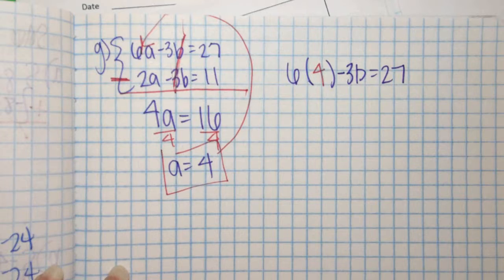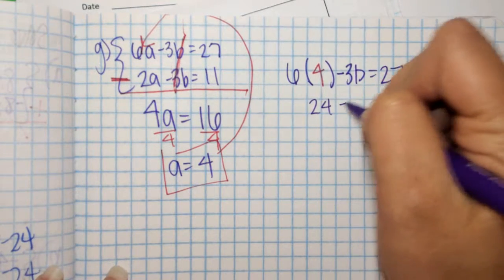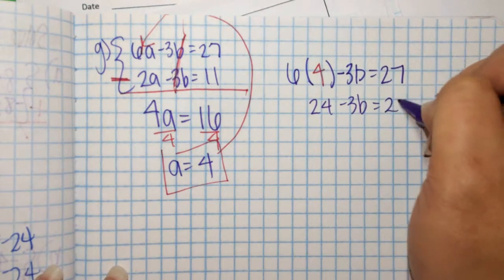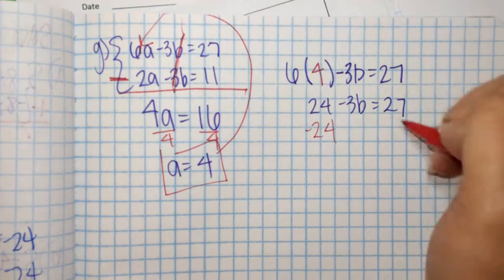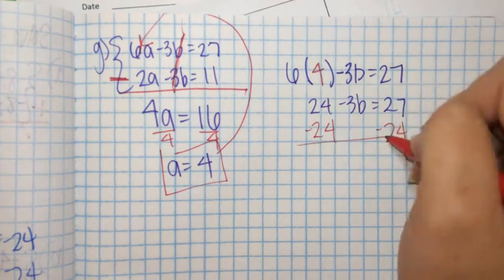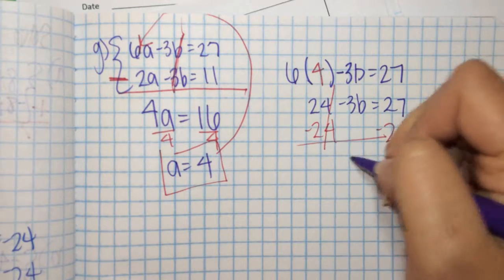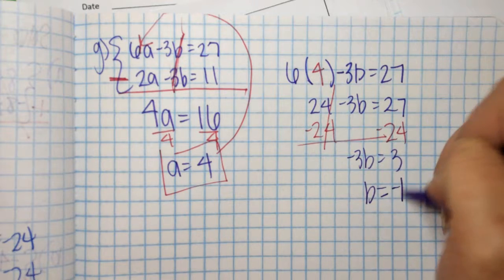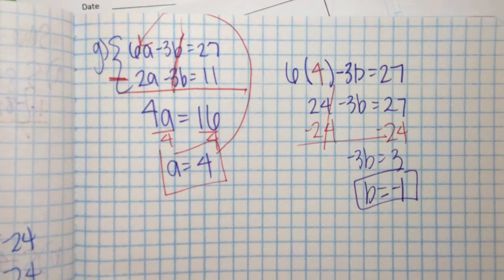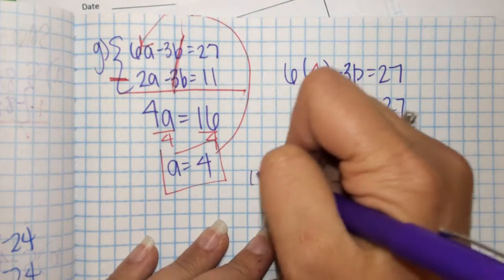What's 6 times 4? 24, minus 3b. Then you gotta subtract 24, add 3 on top of that. Then you bring that minus 3b down. Negative 1. How do we write our answer? 4, negative 1.